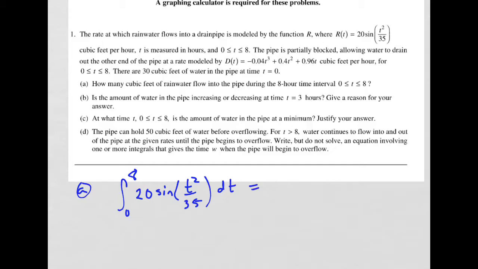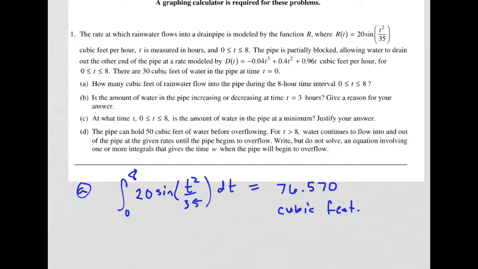You can use a calculator, and that gives you 76.570 cubic feet. And there you go. It's pretty easy. The key piece to remember is if you have a rate function, then you can get the net change by taking the integral. You get the area underneath.